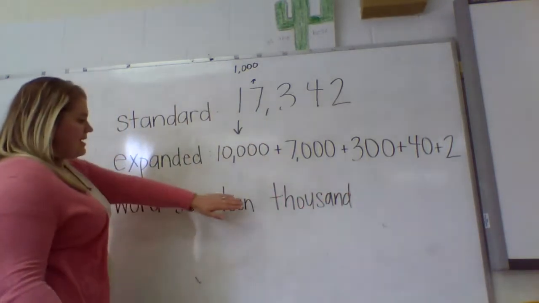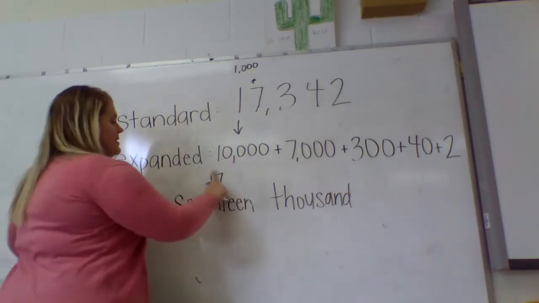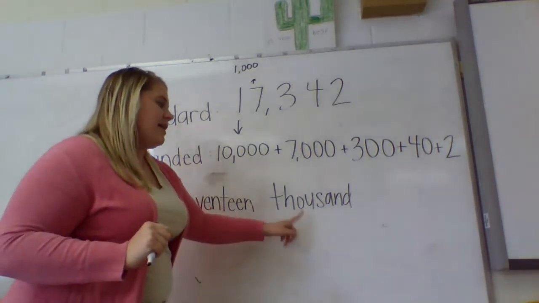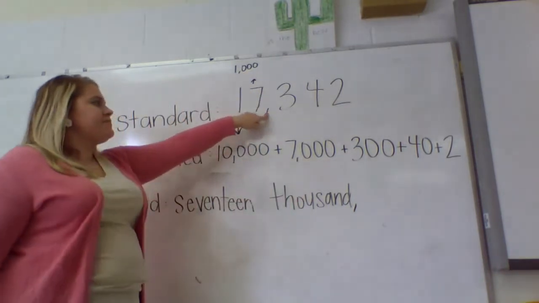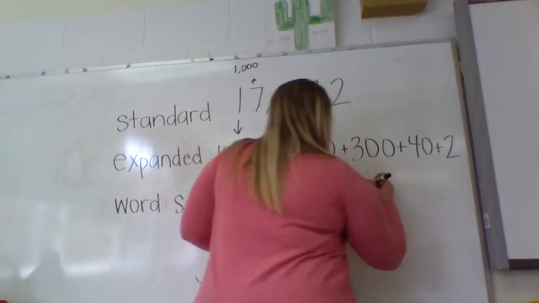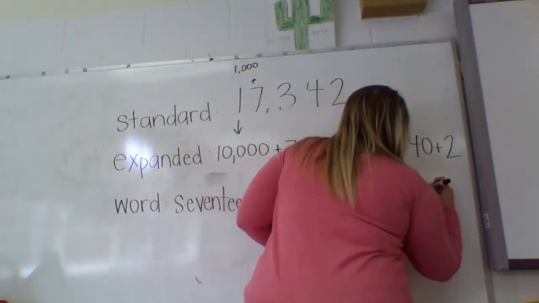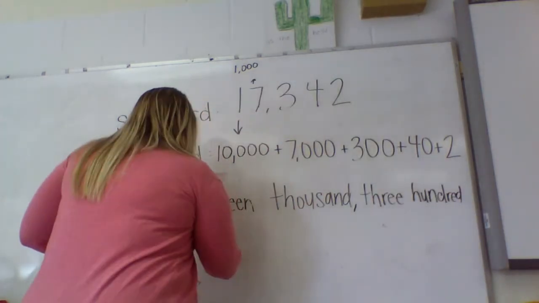Now notice, I didn't do 1 ten thousand, 7 thousand like that. That's not how it works. You have to write out the number, seventeen thousand. A comma comes here, so I write a comma right there. Then I read this number, three hundred forty-two.